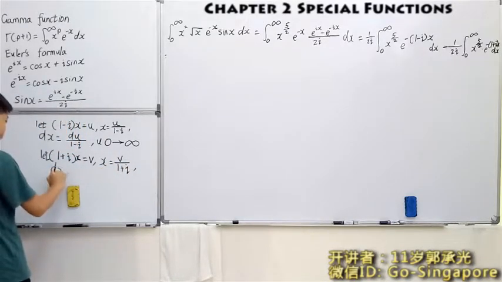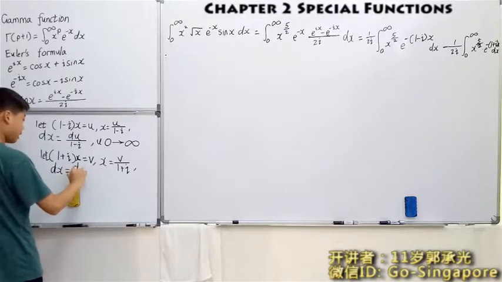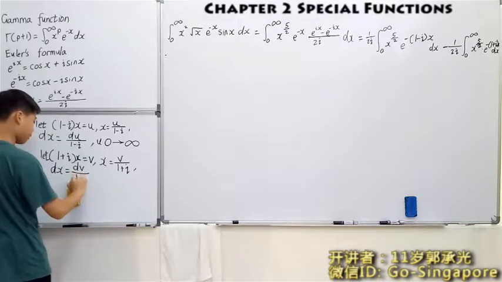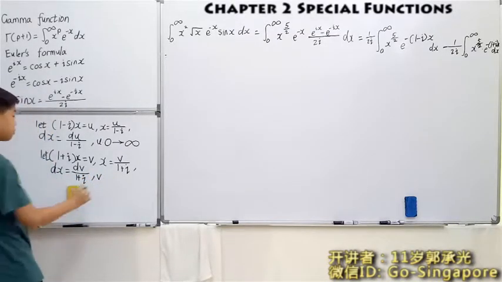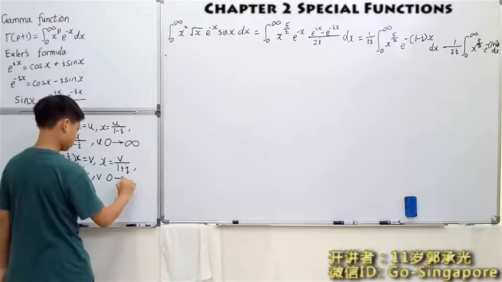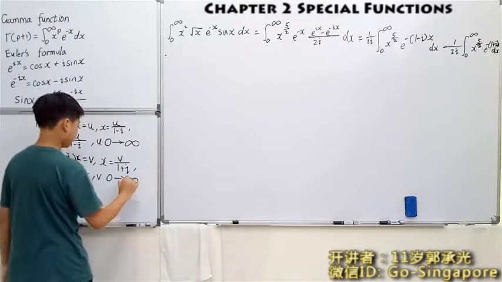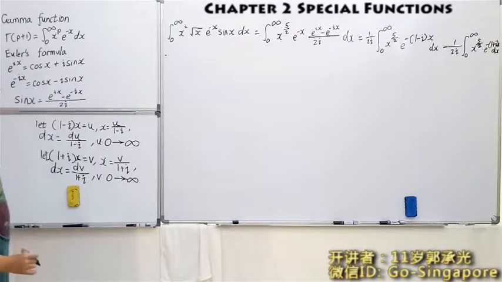Then dx will be dv over 1 plus i, and v is from 0 to infinity. Am I right?